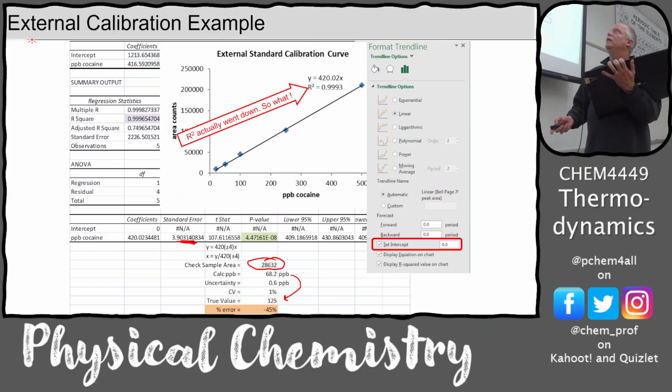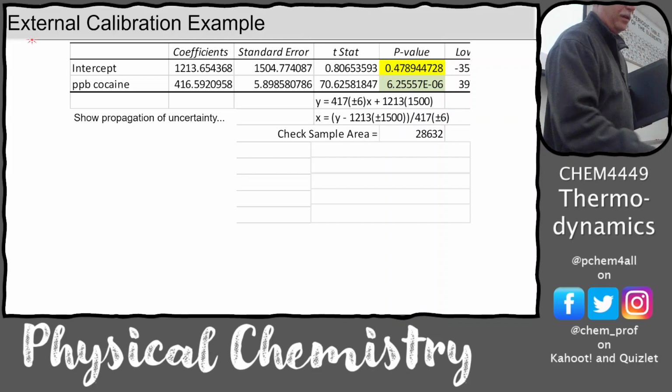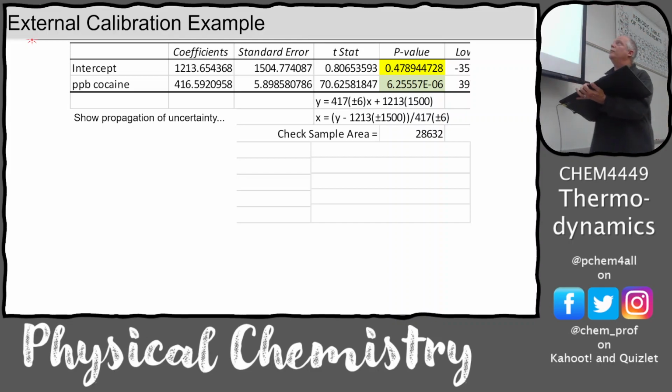Okay. So our R squared actually went down a little bit. Here's our uncertainty. So this is calculating the uncertainty. We did this in class the other day when you have a y value and an x value. So let's go ahead and do the propagation of uncertainty on this one.